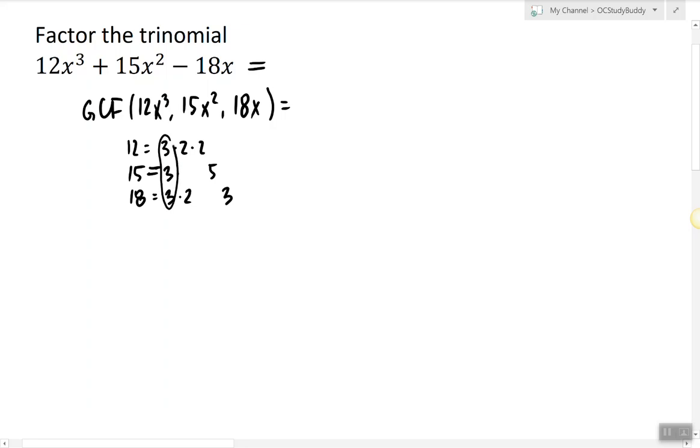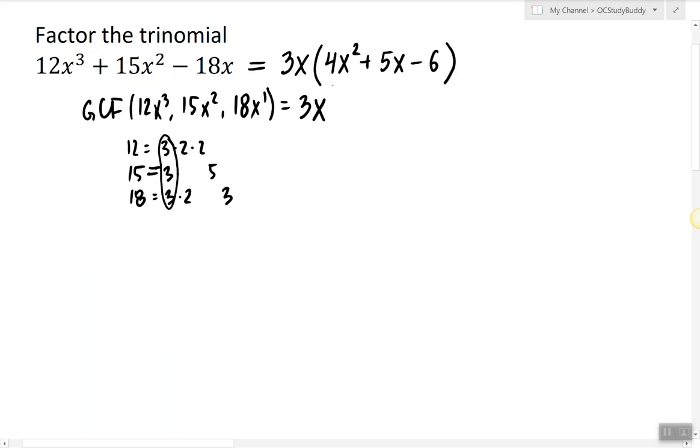So they all have 3 in common, and the lowest power of x will be the power of x that is going to be part of the greatest common factor. So we are first going to factor out 3x, and what's left is 4x squared plus 5x minus 6.